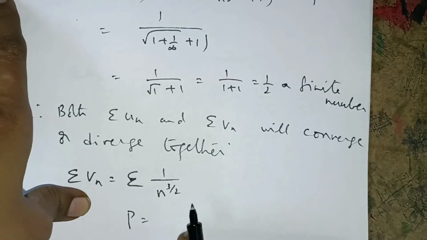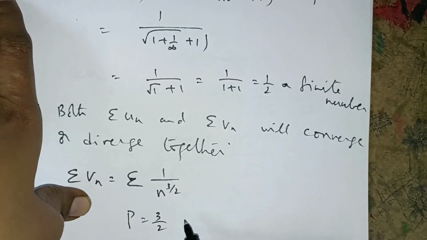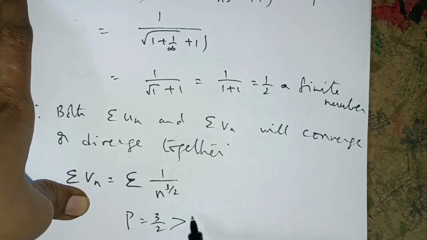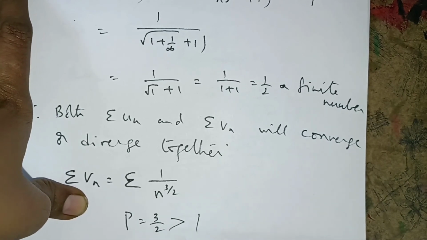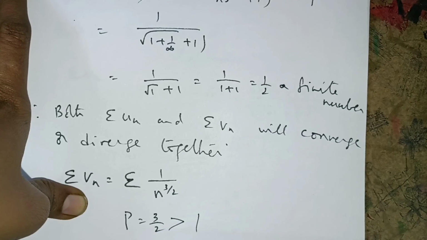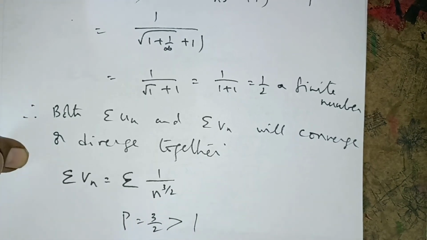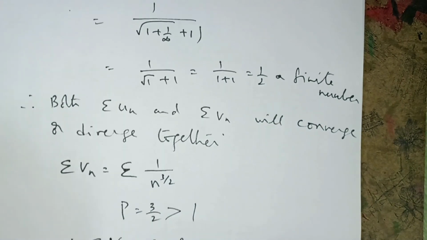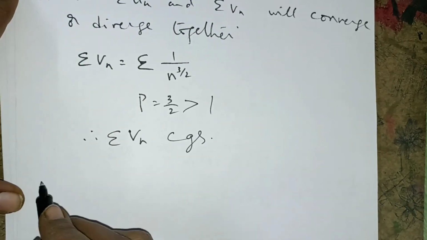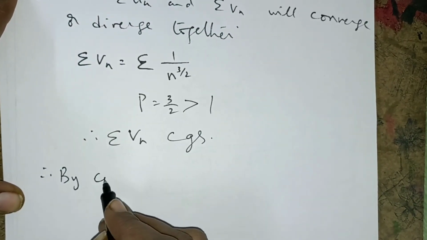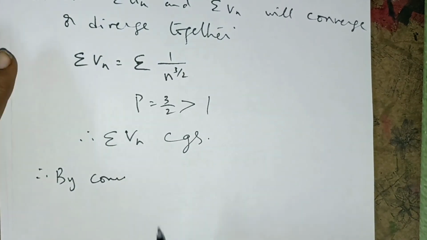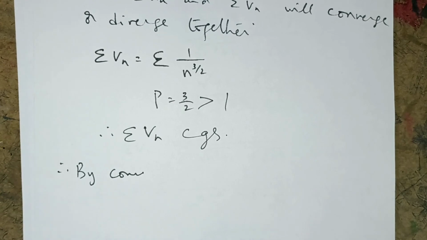By the comparison test, since sigma vn converges, sigma un also converges. Like this you have to do, with the help of sigma vn we have to identify. Thank you.